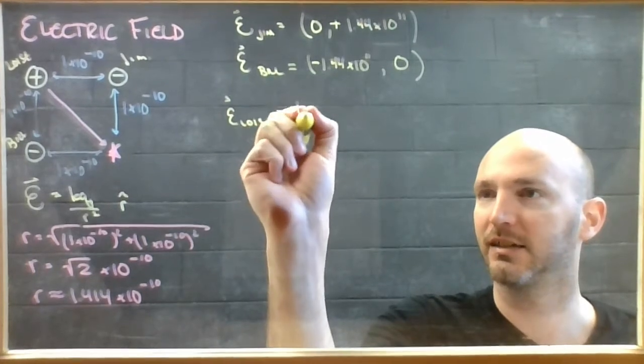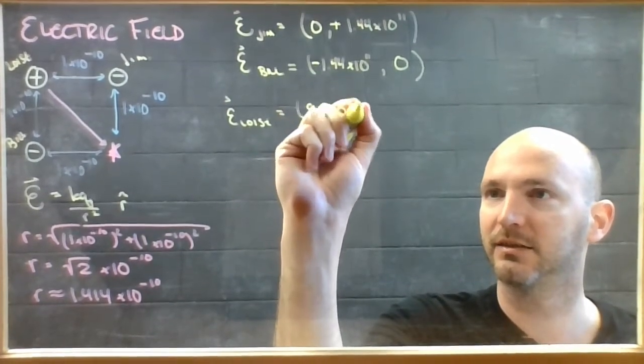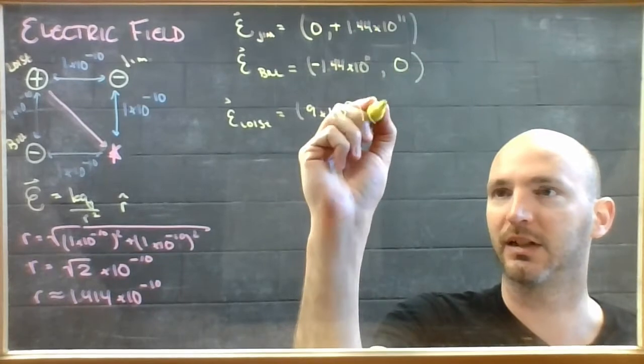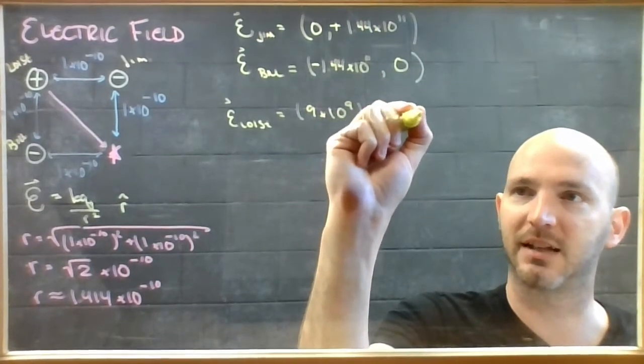Okay, 9 times 10 to the 9. Q, 1.6 times 10 to the negative 19.